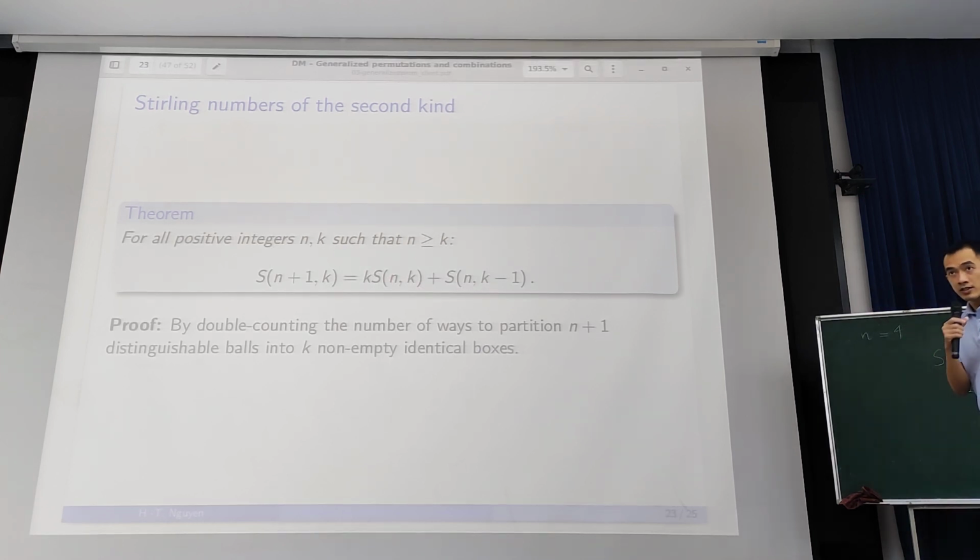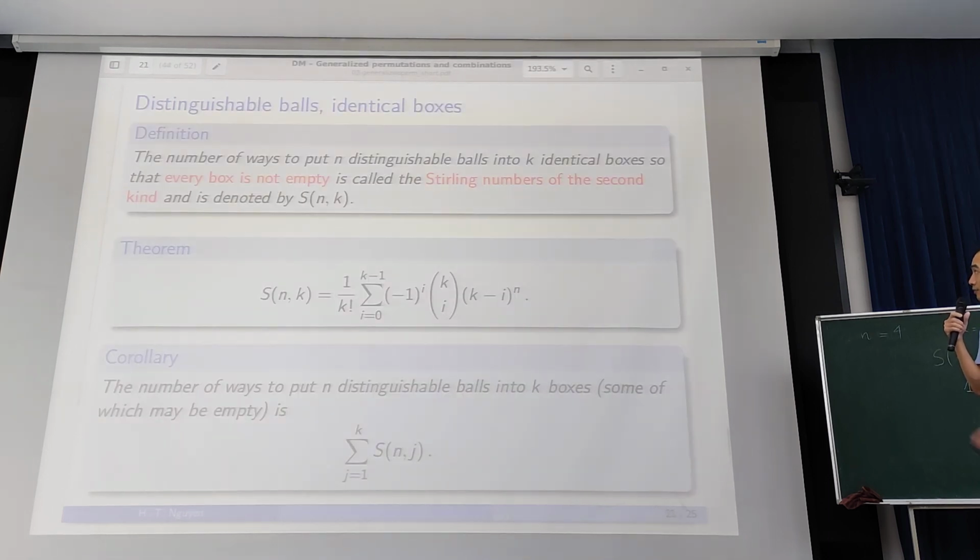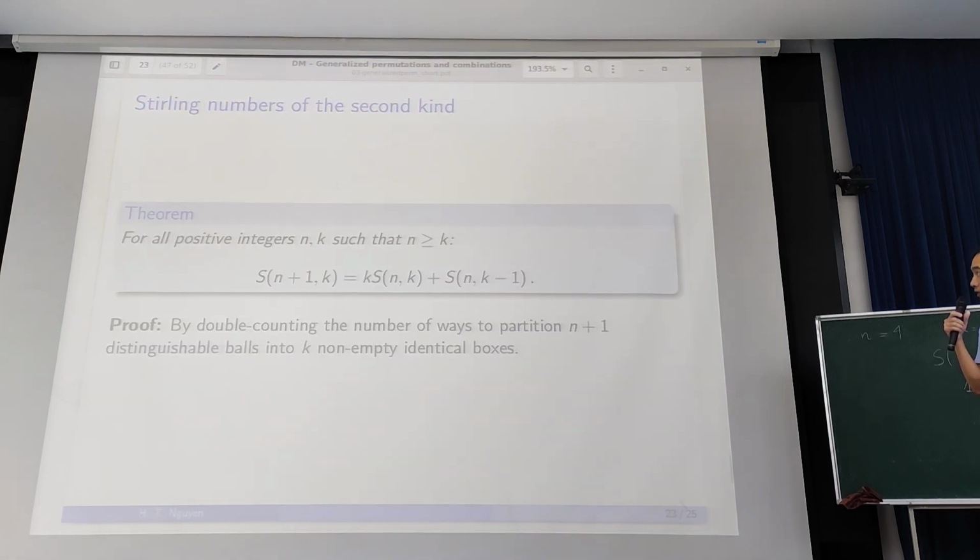Okay? So the idea is that as with other identities, you can always prove this by an algebraic method. You can apply this formula directly and do some labor work to arrive at this conclusion.